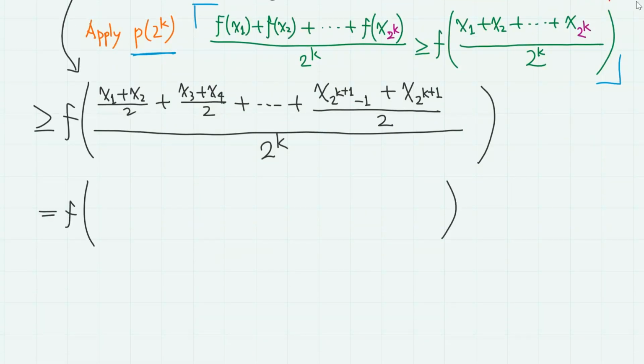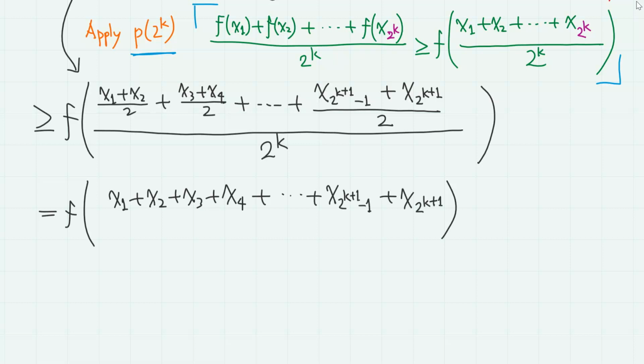And if we simplify the terms inside parentheses, we have (x1 + x2 + x3 + x4 + and so on, until x_{2^{k+1}}) divided by now 2^{k+1}.